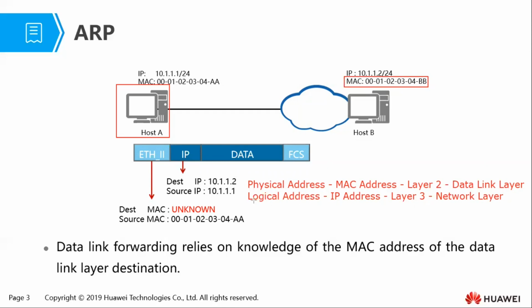So it actually uses the logical address to learn the physical address of host B. And whatever facilitates that particular learning of the MAC address of another device is this protocol we call Address Resolution Protocol. Address Resolution Protocol.